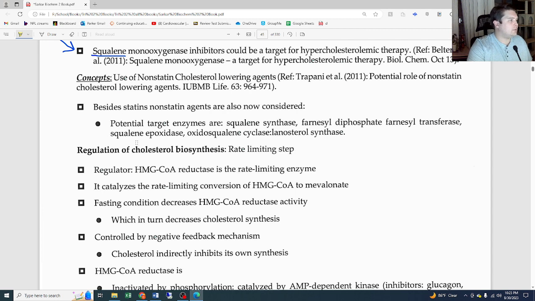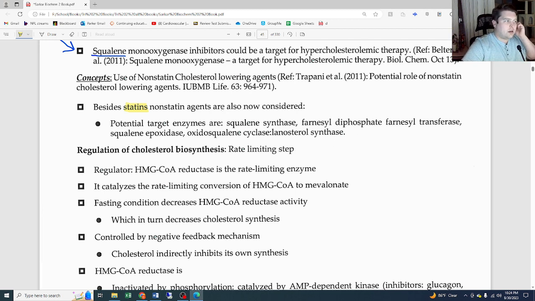Because the typical medications that we would use are called statins. Statins are the agents, the medications that we use to help control high cholesterol. But besides statins, non-statin agents are now also considered. Potential target enzymes are squalene synthase, farnesyl diphosphate farnesyl transferase, squalene epoxidase, and oxidosqualene cyclase, lanosterol synthase, kind of those two going together.